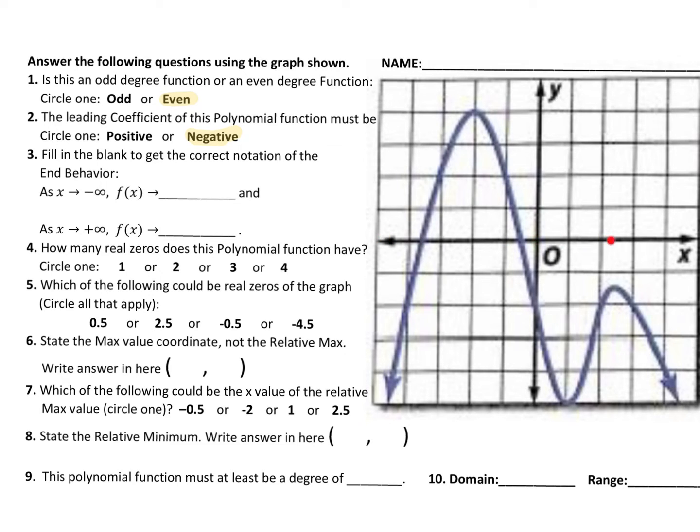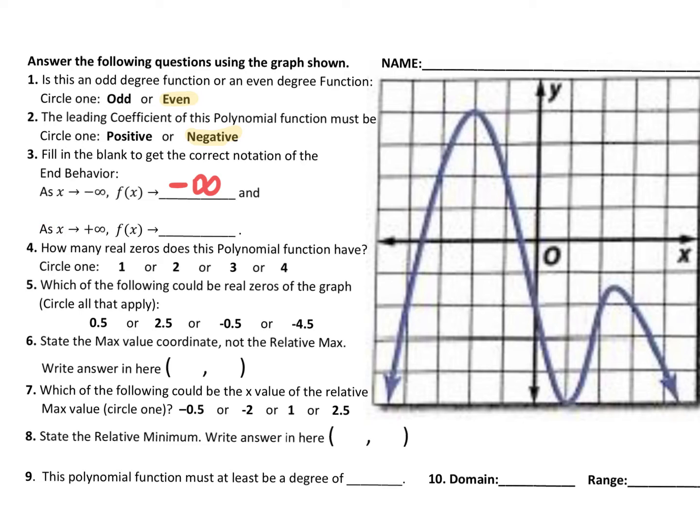As you go to the left, where are your y values going? Are they going up forever or down forever? Down forever. So as my x values are going to the left, my y values are going down. So what do I write right here? Negative infinity. That's exactly right.